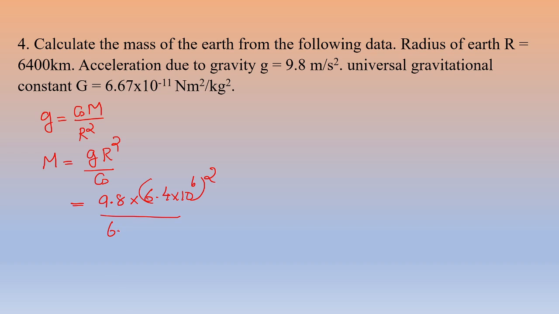The value of capital G is 6.67 into 10 raised to negative 11. So you can complete the calculation and you will get the mass of the Earth, 6.02 into 10 raised to 24 kilogram.